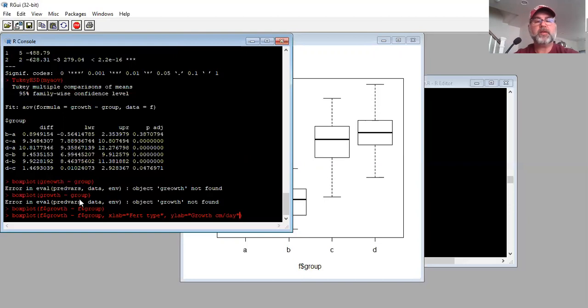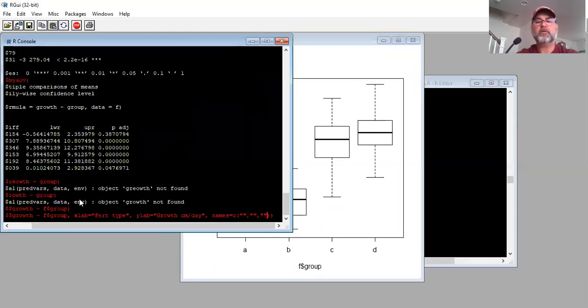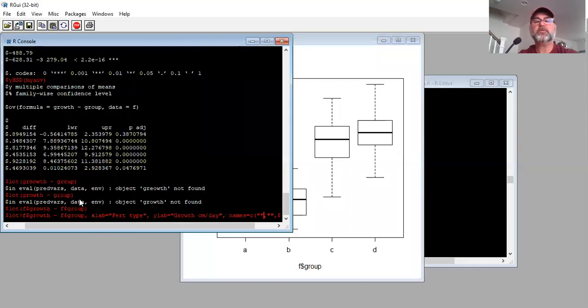All right, and then the other thing I think would be nice is if we add in names. So we're saying here it's fertilizer type. Okay, so let's do names equals, and we're going to create a vector of names, so we need 4. I like to create that skeleton, so c, and then add open and close parentheses, and then 4 names, so we need something in parentheses, comma, 2, comma, 3, 4, commas between each.